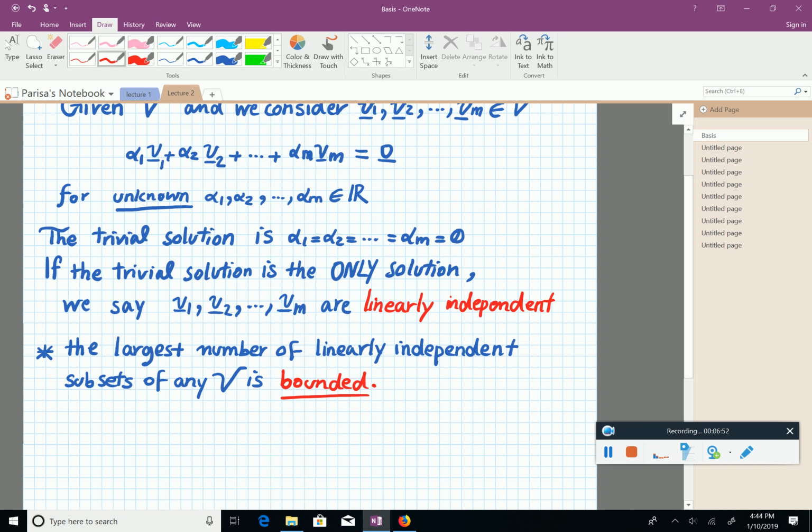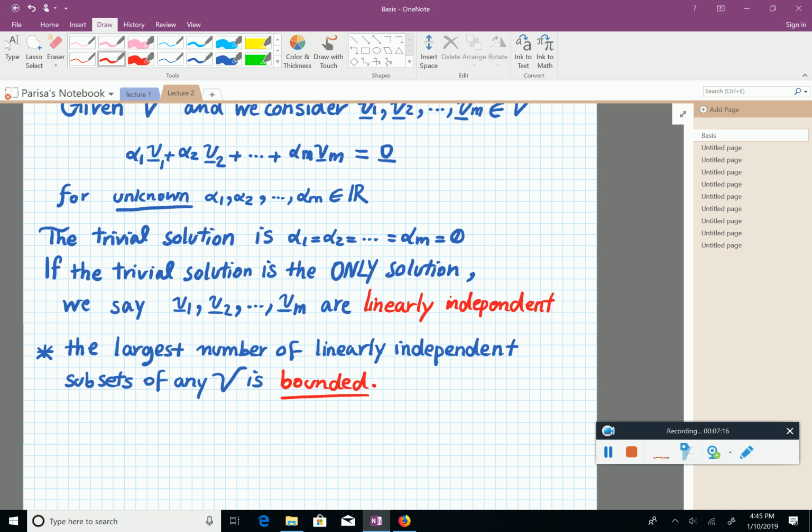What am I saying here? I'm saying that if I have a vector space, I have no idea what it is. I take some vectors and then I take two vectors which turn out to be linearly independent.